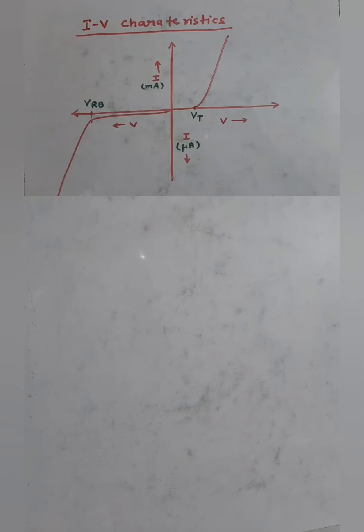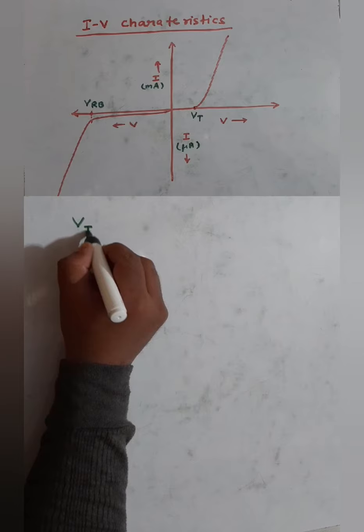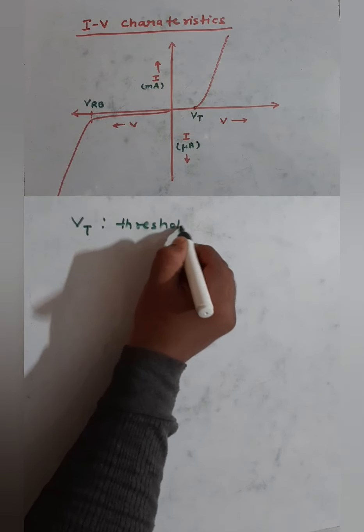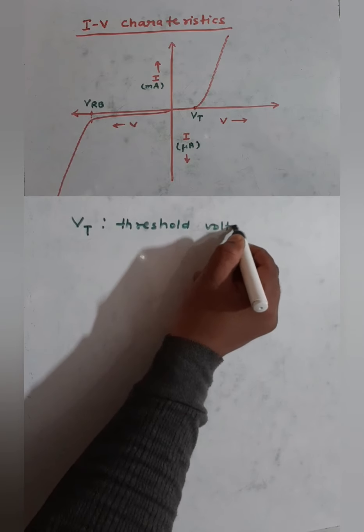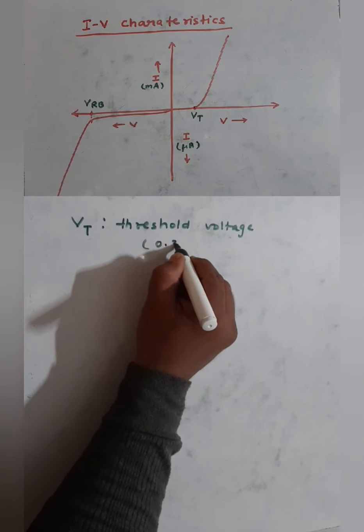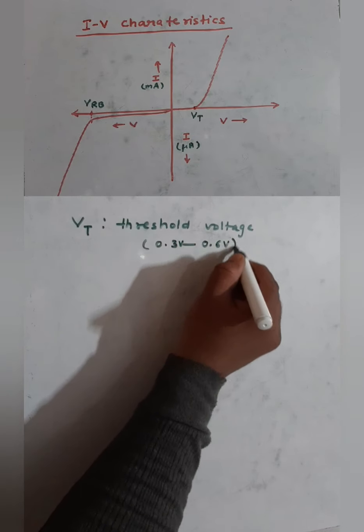Okay, so if we plot the forward and reverse bias characteristics together, it will look somewhat like this, as depicted in the figure. Here you can see that VT is the threshold voltage, and it generally lies in the range of 0.3 to 0.6 or 0.7 volts.